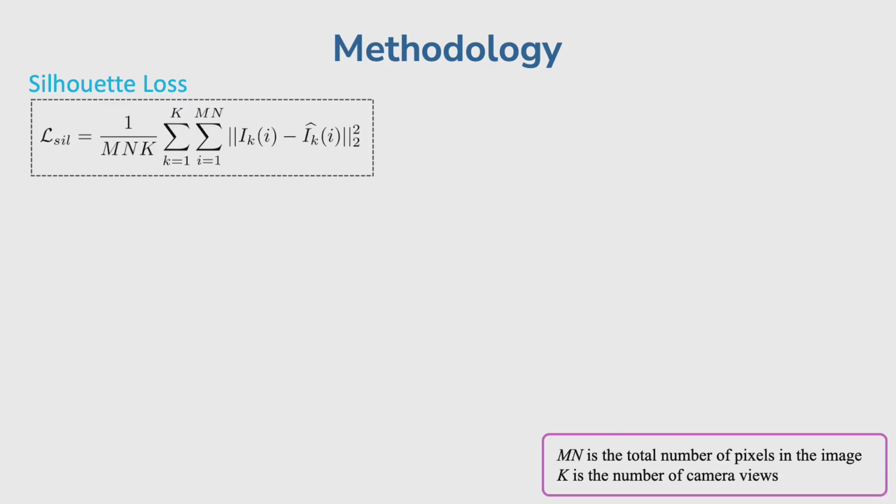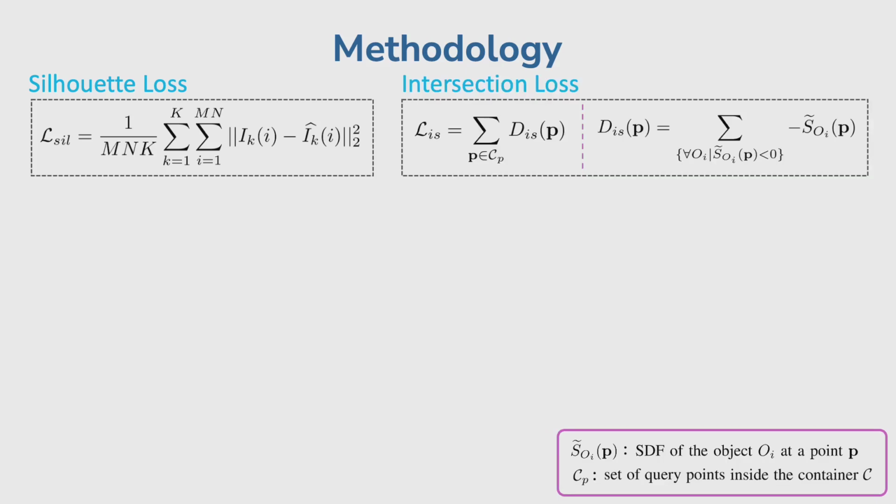Coming to the losses used in RASP, the first is the silhouette loss, which is simply the mean squared error between the target and the rendered image. The second is the intersection loss. For every point in the container, we define degree of intersection, DIS, as the sum of negative of SDFs of the objects that contain the point P within them at every optimization step.